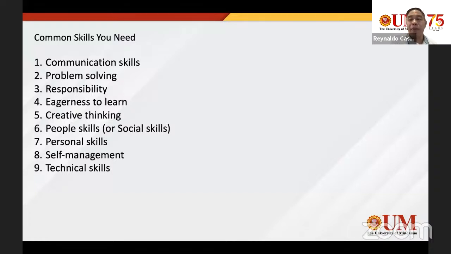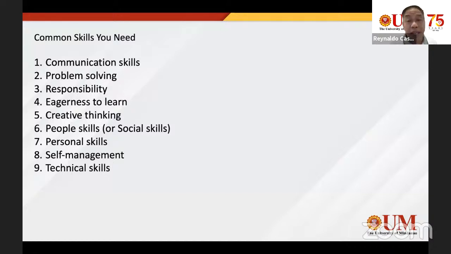The second one is problem solving, your ability to solve a problem. If you're in that situation, then what are you going to do? Your responsibility, if you're given an assignment or a task, is your ability to meet the deadline and perform the job, taking into consideration your initiative.